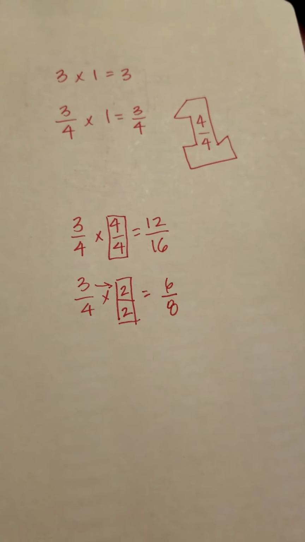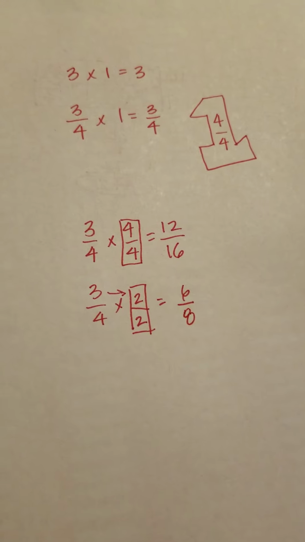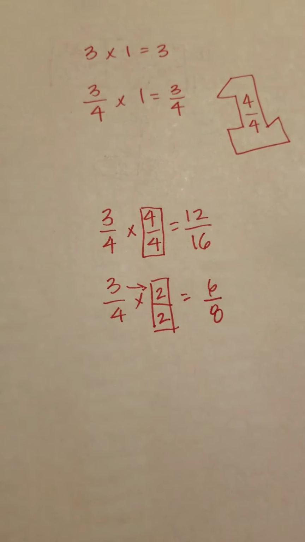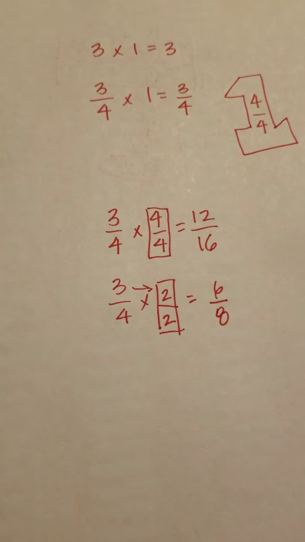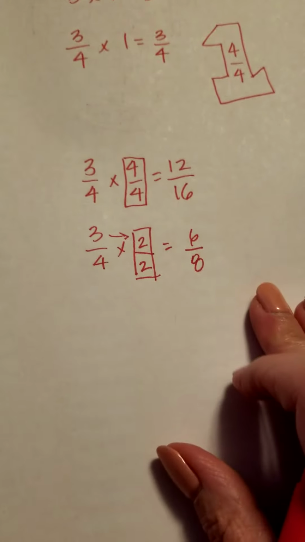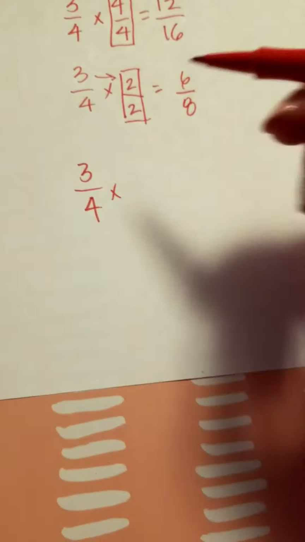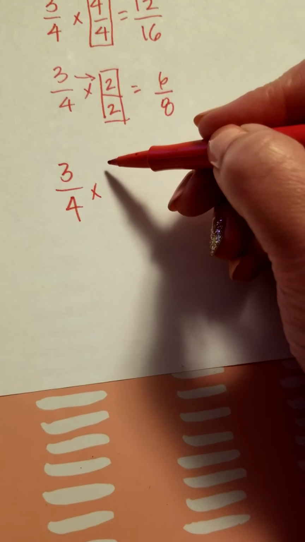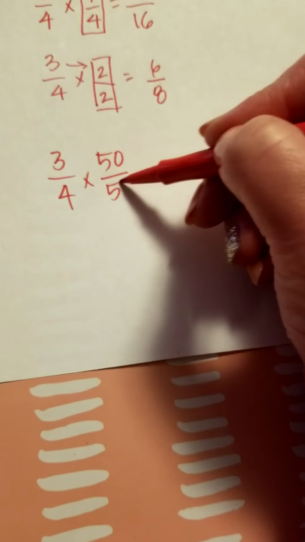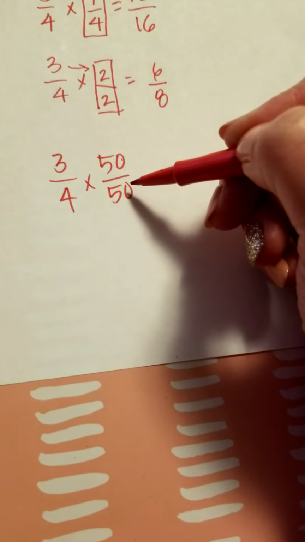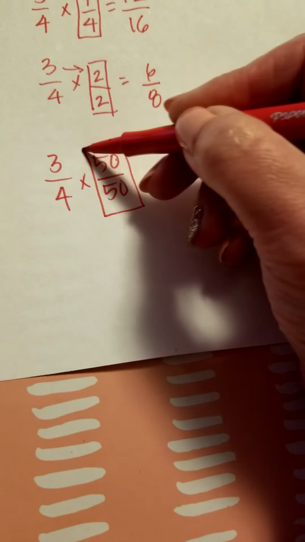There are lots of other methods that we talked about in class for doing this, but I think the easiest method for the kids is Mr. Sneaky 1, because, like I said, you can go in with any number. It can even be 50 over 50. Well, 50 divided by 50 is 1, so this is still technically the number 1.